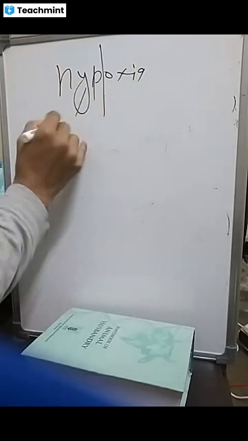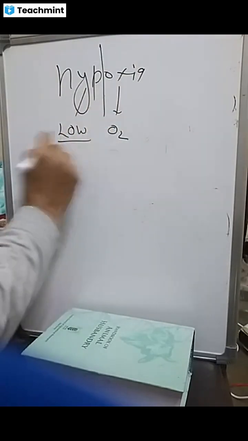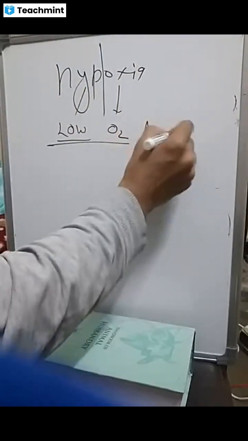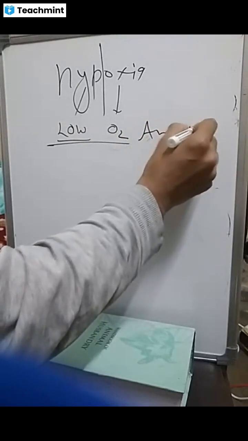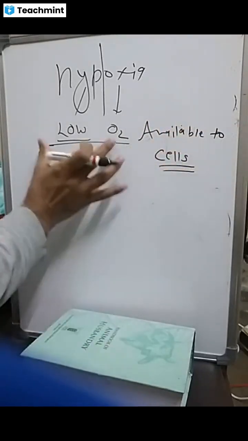Hypo means low and oxia is oxygen. It means low oxygen is available to your cells. That is hypoxia.